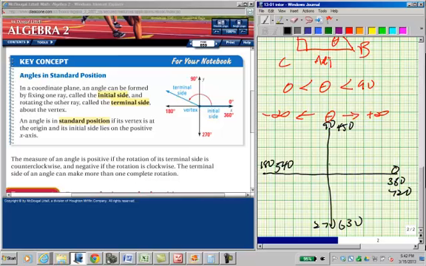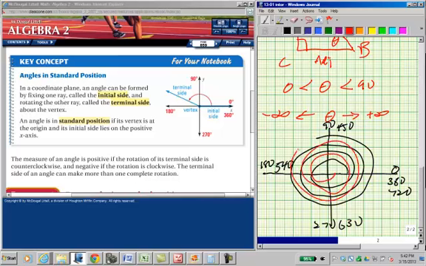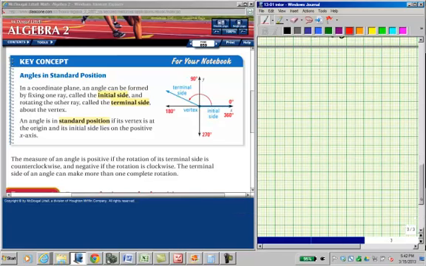So in other words, angles can go on forever in either direction. Okay, so they can go positive or negative.